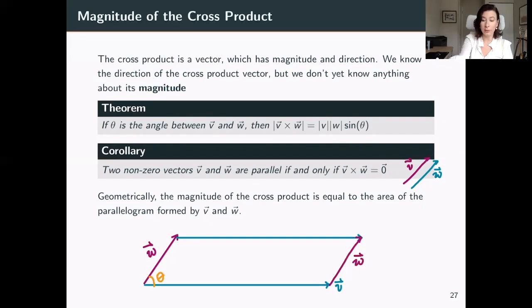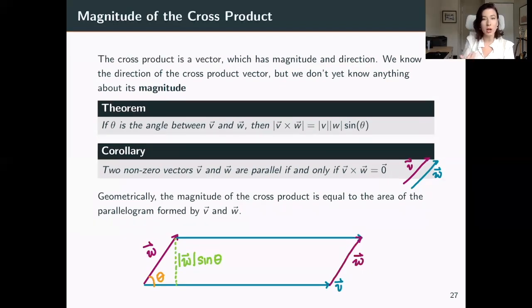Using our knowledge of trigonometry, we can recognize that the height of this parallelogram is going to be the magnitude of our vector w times sine of theta. Remember that we used a similar trick when we were defining the component projection of a vector onto another vector.